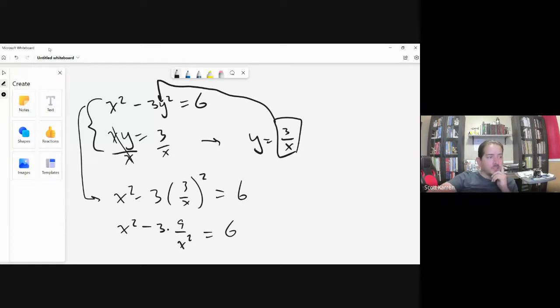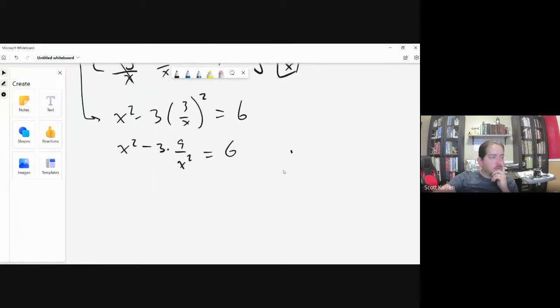And if I clean it up just a little bit more here, this ends up being x squared minus 27 over x squared equals 6, right?